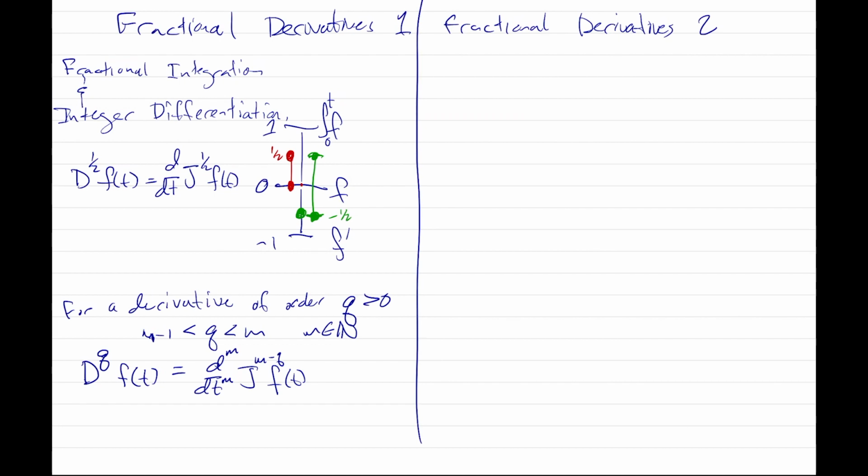Just thinking real quick. We are taking m minus q, and we subtract m, and that gives me minus q altogether. Good. We think of derivatives as being, quote, negative in this spectrum of differentiation and integration. And this is called the Riemann-Liouville fractional derivative.